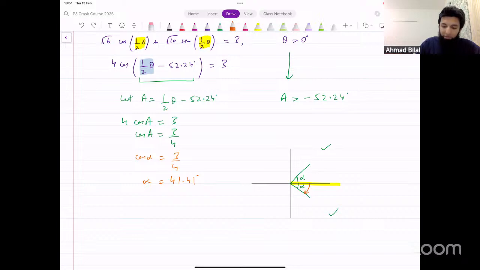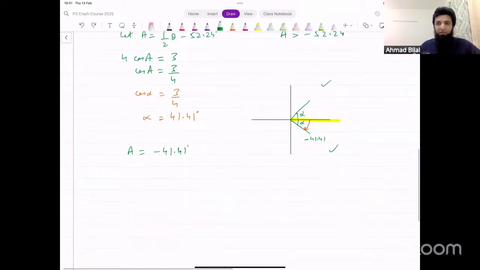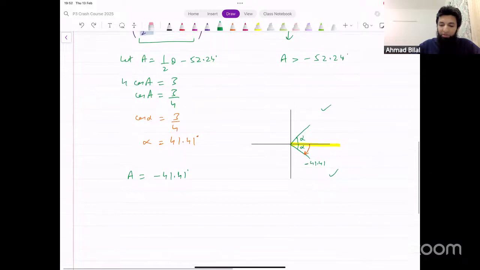So we are going to consider that, and we're going to say the smallest possible value of A that we're getting is negative 41.41 degrees. That is this angle here. That does fall in the interval, right? The interval starts from negative 52.24. So the smallest value of A that we're getting is this. That is what we use here. Now, we put the substitution back. What was the substitution? Half theta minus 52.24 equals negative 41.41.